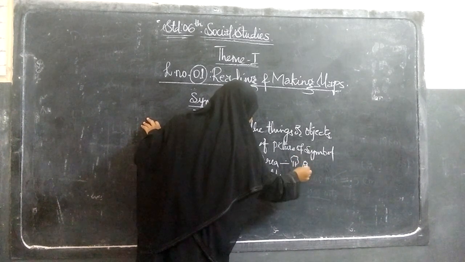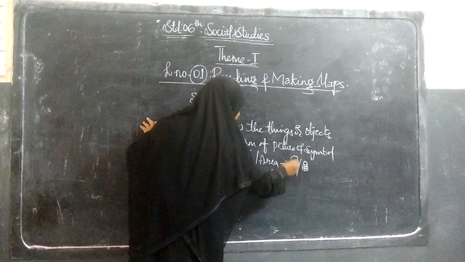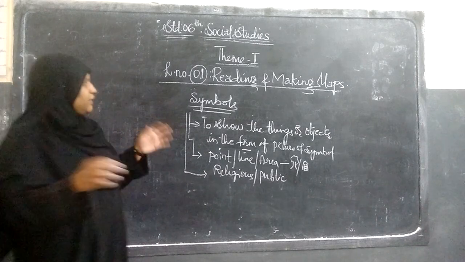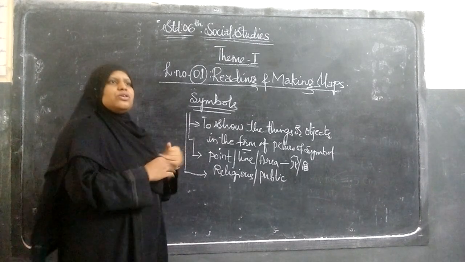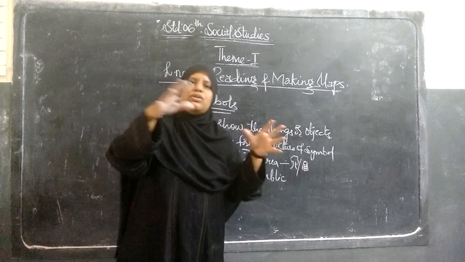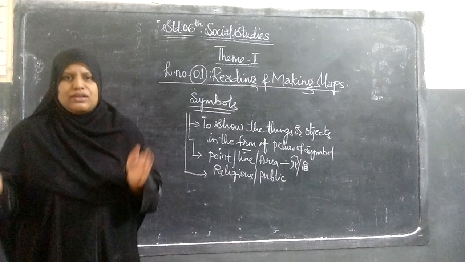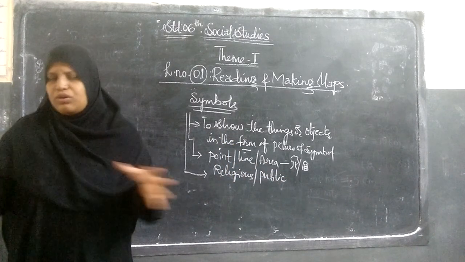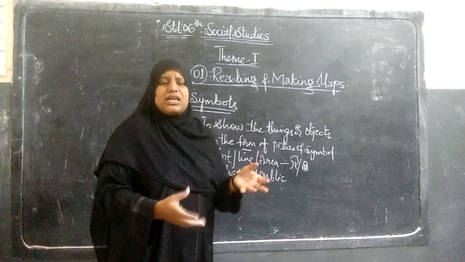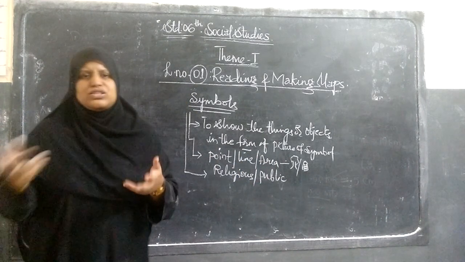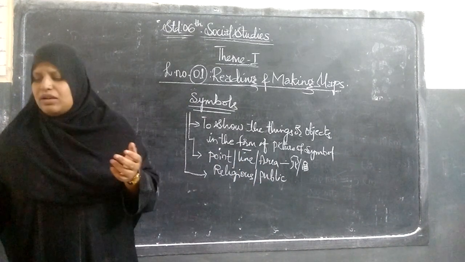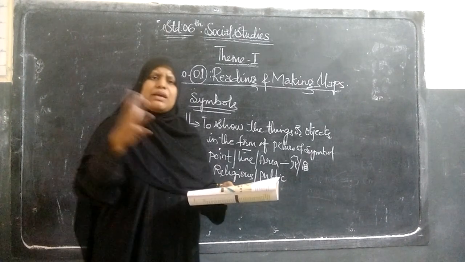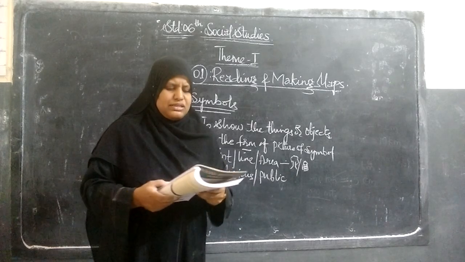All these exist in places. But because on the map we cannot draw or show the actual places, to show roadways, track lines, police stations, religious mosques, churches, big trees, plantations, we cannot draw them. So for that we use symbols. Common symbols are known as conventional symbols.